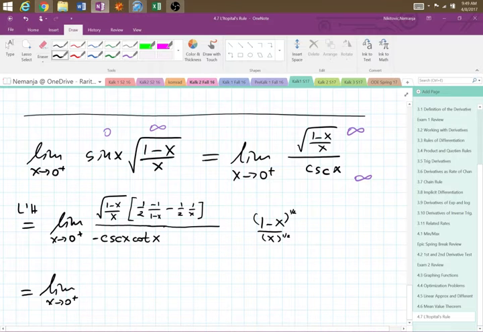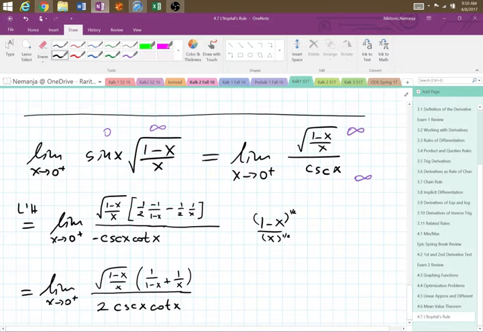If I factor out negative 1/2, negative that will cancel, so 2 cosecant x cotangent x. I have square root of 1 minus x over x, and over here in parentheses I have 1 over 1 minus x plus 1 over x, because I took out negative 1/2. There's a lot of algebra here. Okay, so now I have to clear all this algebra, see what's left.